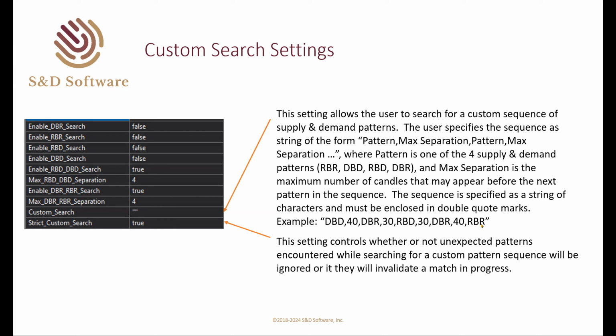So the tool is going to go through looking for patterns that meet the requirements. And again, those requirements come from the same settings that we use in the chart tool to specify what is an acceptable pattern.